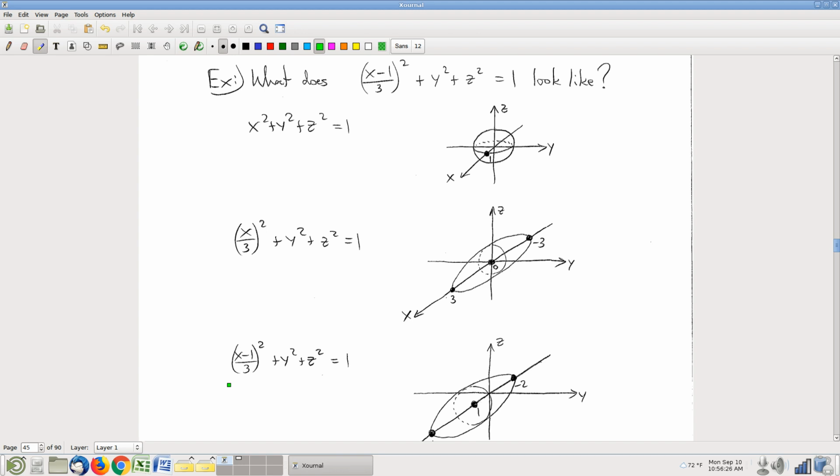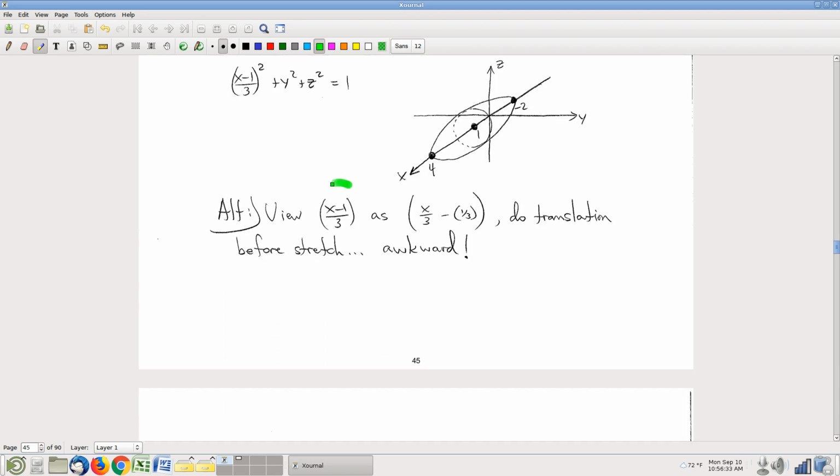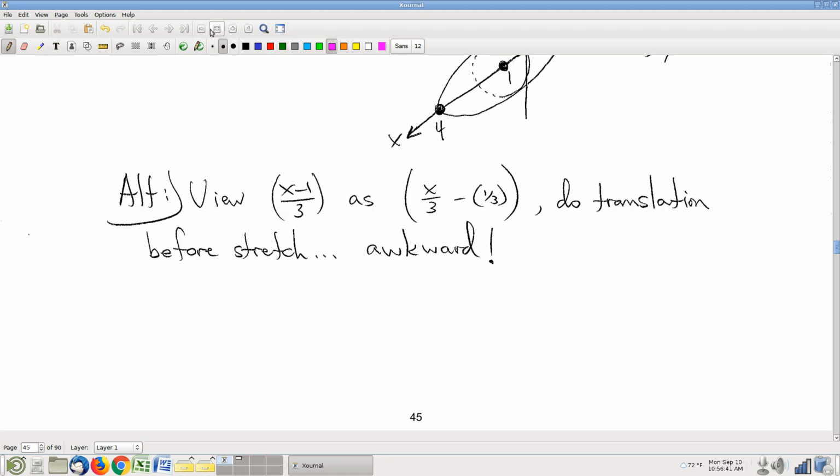Now, yeah, question. Why can't you just think of it the other way? Yeah, you can. That was going to be my next observation. If you want to take this and rewrite it as that, you're totally fine, right? So in this algebra here, let me zoom back in, you could take x and turn that first into x minus a third, right?